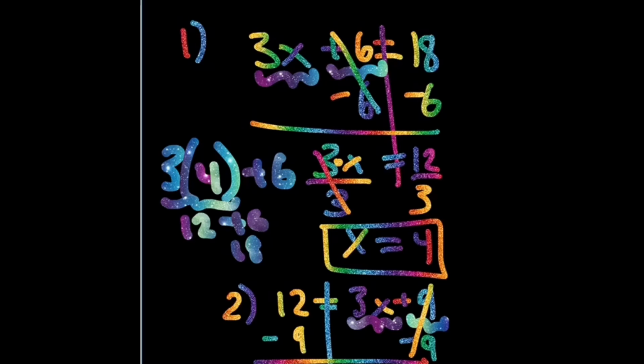And on number 2, we would just do 3 times 1, which is 3, and then plus 9, and that gives us 12. So 12 is equal to 12.